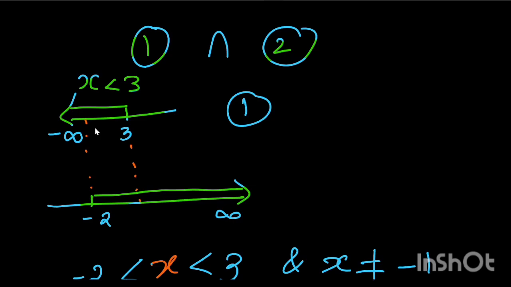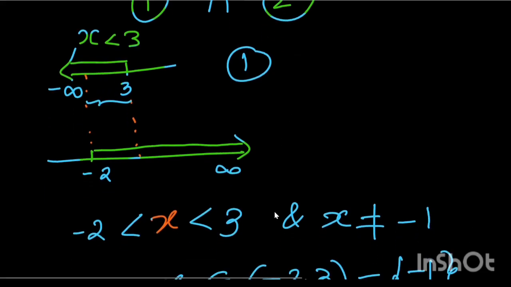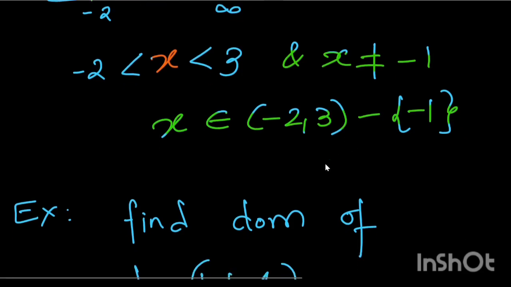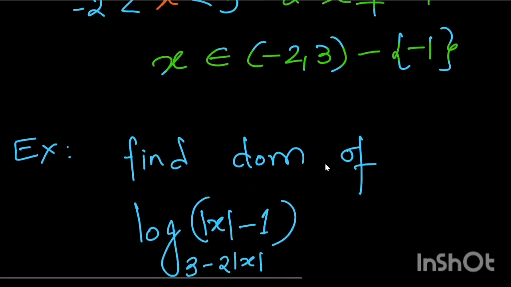So the common region is this, which is minus 2 to 3. Now x shouldn't be minus 1 as well. So minus 2 to 3, from which we exclude minus 1, would be the domain of that function.